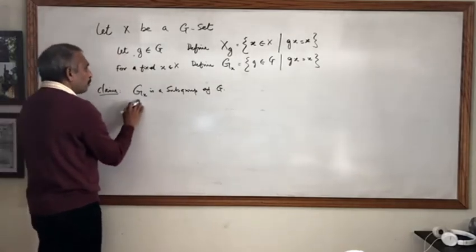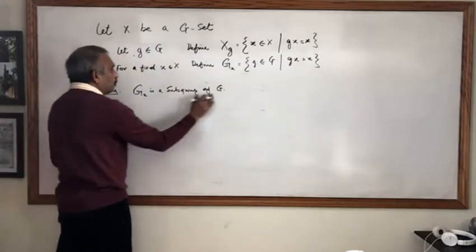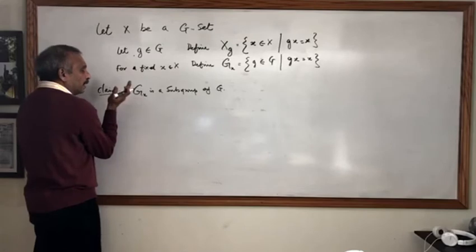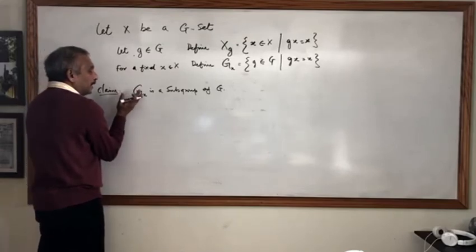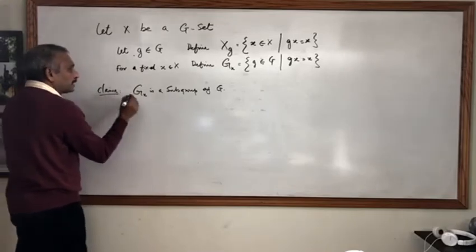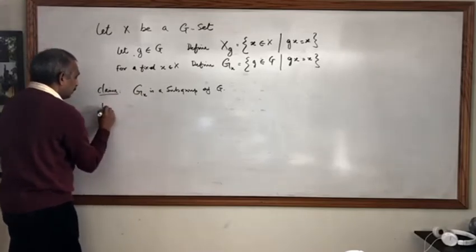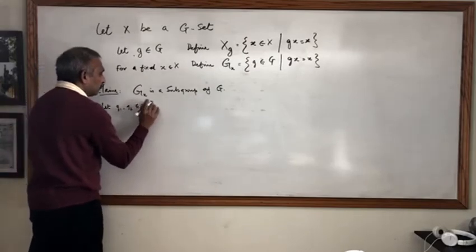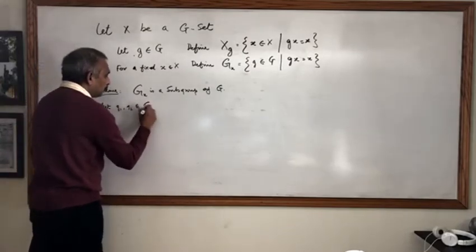How do you prove a subset of a group is a subgroup? See whether it is closed, there should exist an identity, and for every element there should be an inverse. So let us take two elements from here. Let g1, g2 belong to G_x.